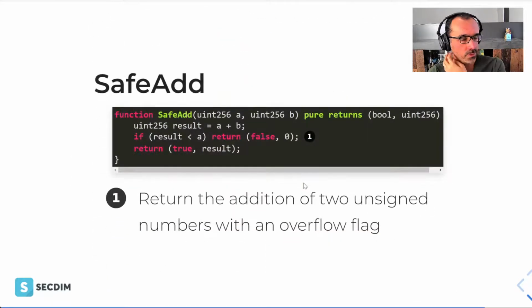So, for example, if we want to implement an add function, adding 2 numbers, effectively we will simply add those 2 numbers together, but then we'll check the result of that arithmetic. When we add two numbers, definitely the result should be bigger than either of these two numbers.